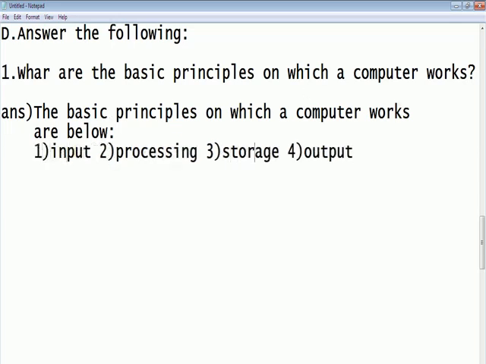Now next question is, second question. What is Windows? So this is the second question.